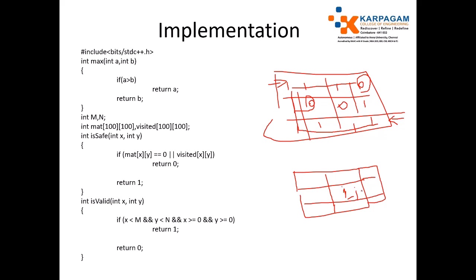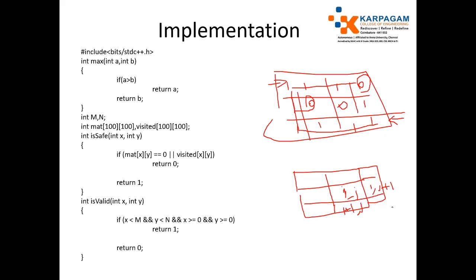If I wish to move forward, I can increment the column value: i comma j plus 1. Likewise we move. If I move to the next row, I can mention i plus 1 comma j.